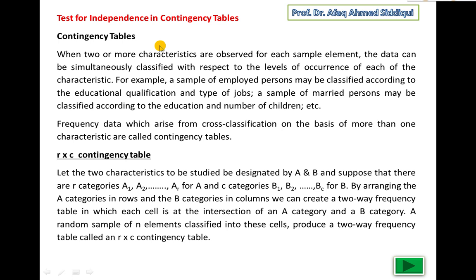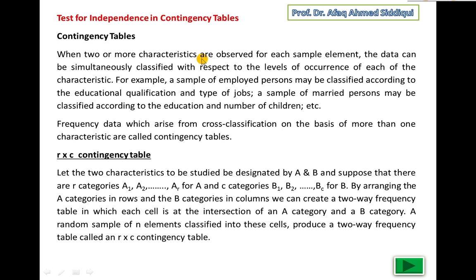Similarly, in a contingency table we represent two or more characteristics of the collected data in the form of a table, and the table is called a contingency table or two-way frequency table.